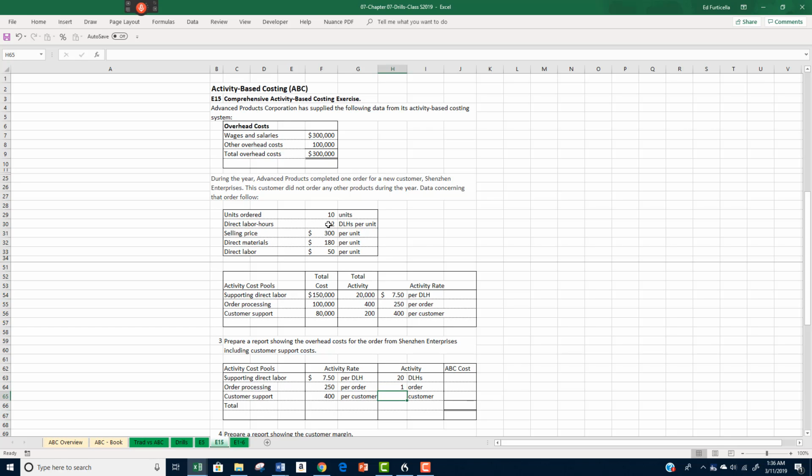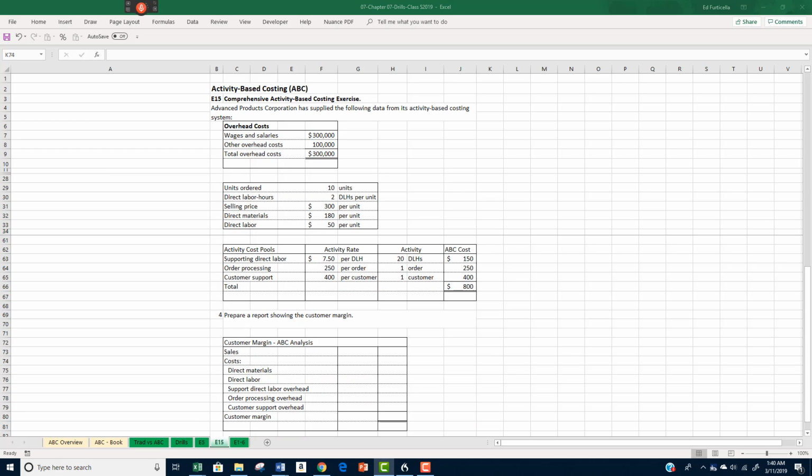So we take the $7.50 multiplied by the 20 direct labor hours, get $150. Multiply the 250 by the one order, $250. Multiply the 400 by one customer, $400. Add the 3 up, get a total of $800 that's going to be assigned to Shenzhen Enterprises. So the $800 is the overhead that we're going to assign to this customer.